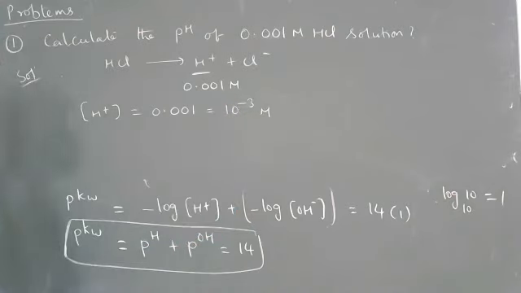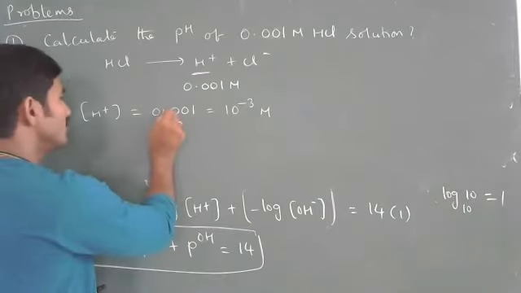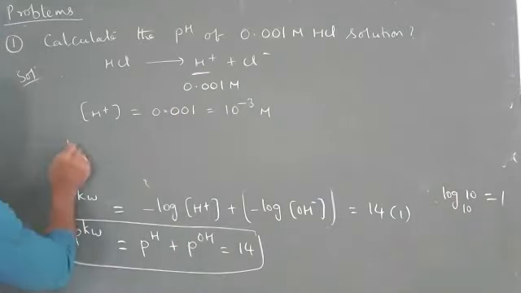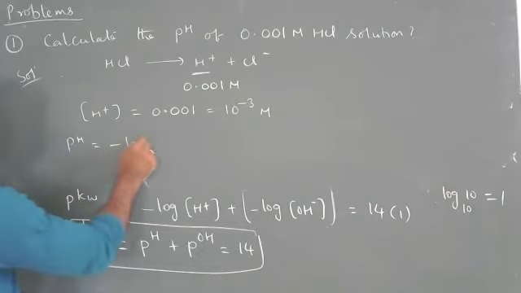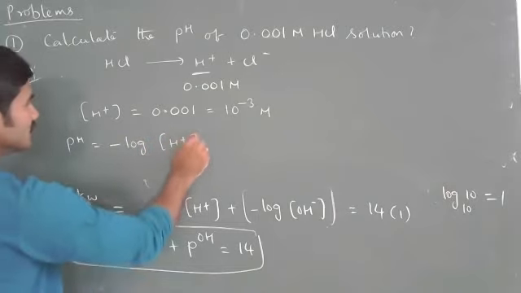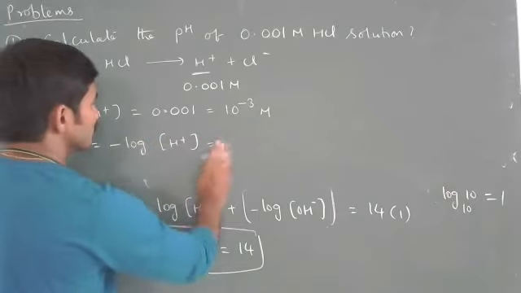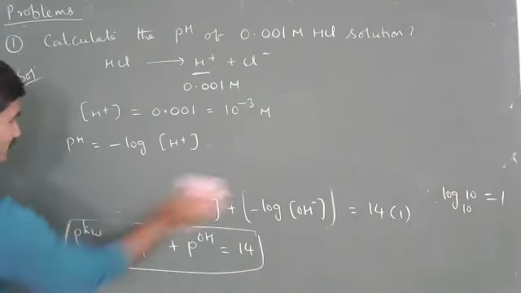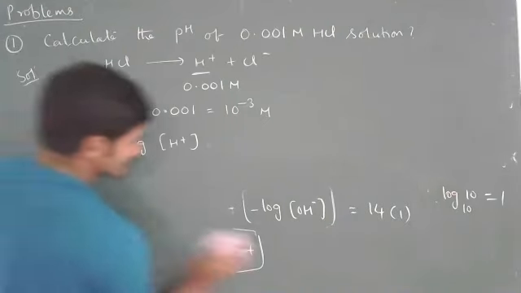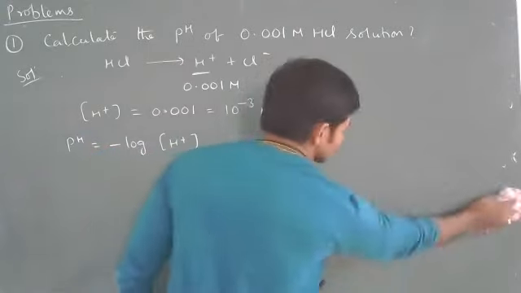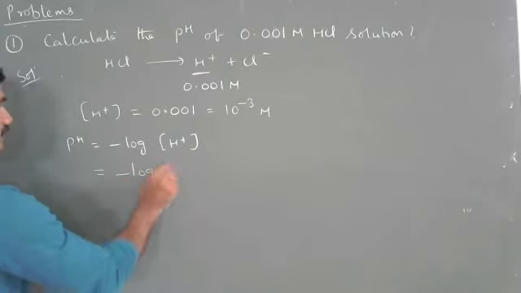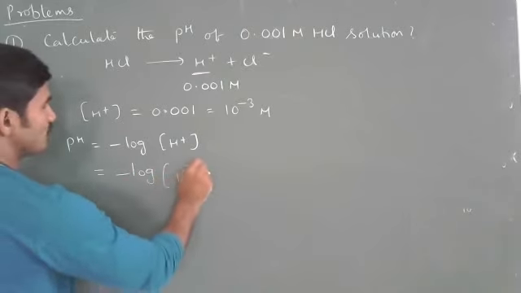Right? 0.001, what should I write? 1 into 10 power minus 3. So pH, negative logarithm of H plus, substitute in this formula. So minus log H plus concentration, 10 power minus 3.